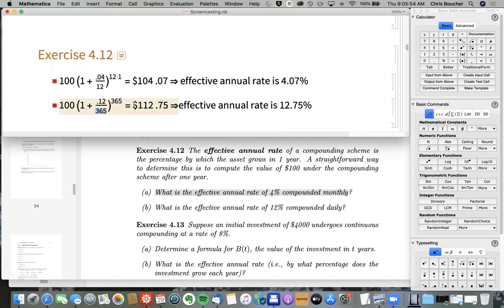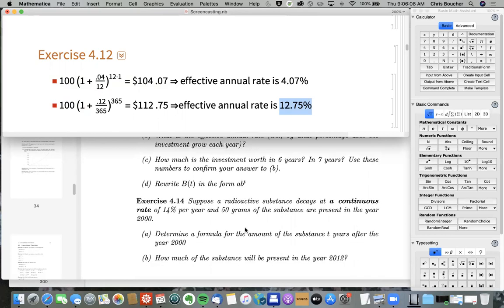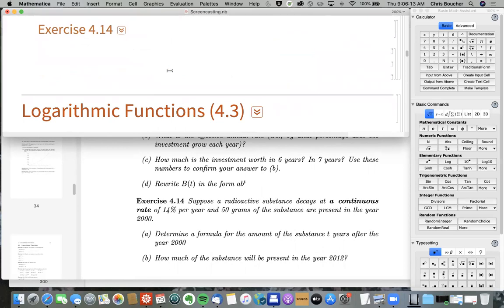Do it on my calculator and I can see that my money grew by 12.75%. So again, we get a slightly larger rate than the nominal rate because of the effect of the compounding. Let's see what 4.14 was. Sure. So we can talk about this one a little bit too.